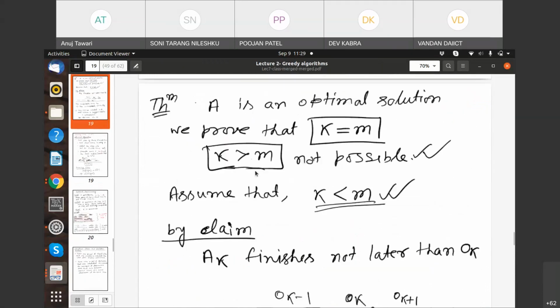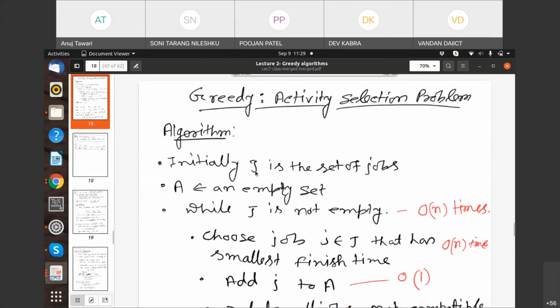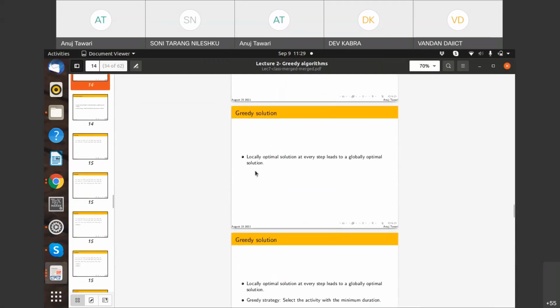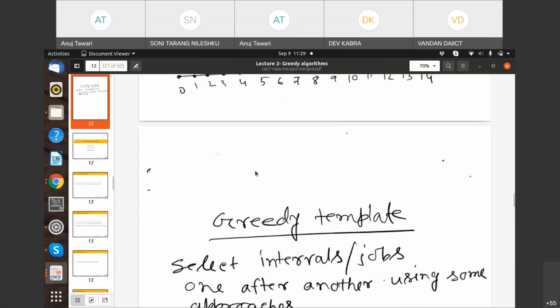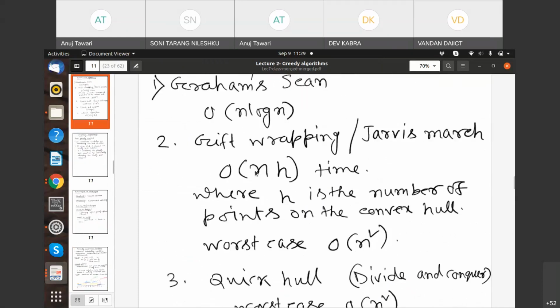Yeah, this one, the gift wrapping algorithm. So, sir, let's take an example in which there are n points in total. n by 2 are on the convex hull and n by 2 are inside.